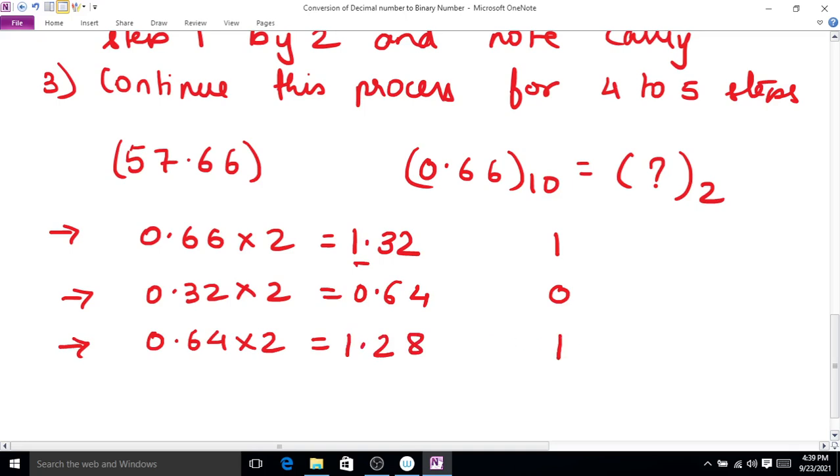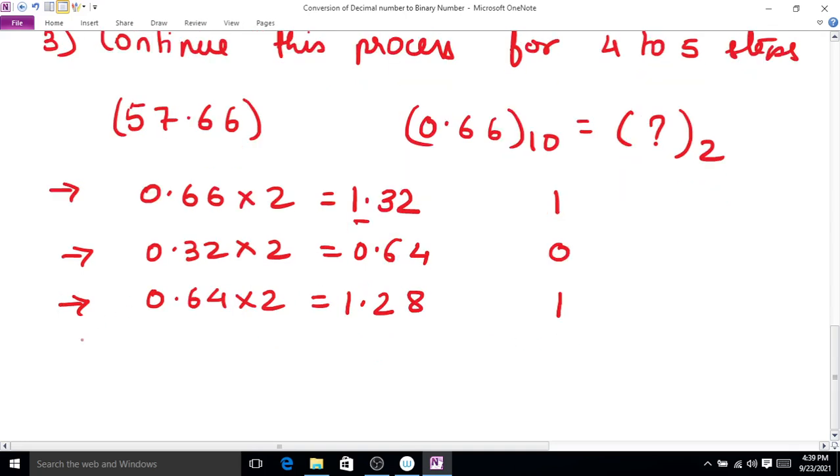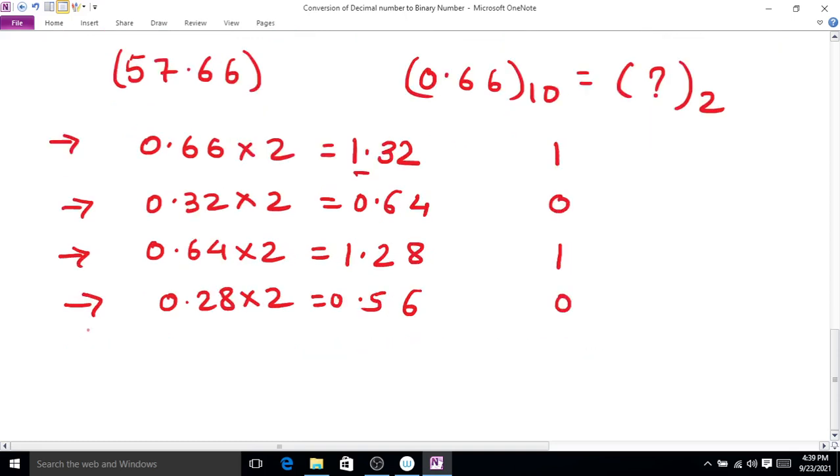So we get integer part as 1. Again if we multiply 0.28 by 2, we will get 0.56, that will be 0. Again if we multiply 0.56 by 2, we will get 1.12, that is integer part is 1.